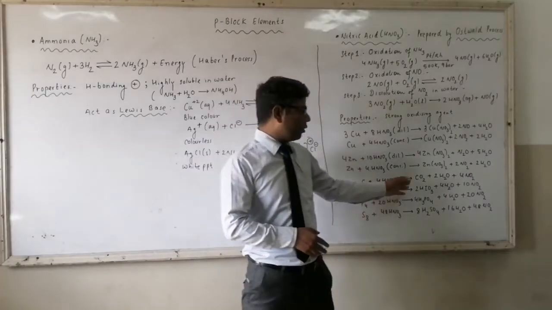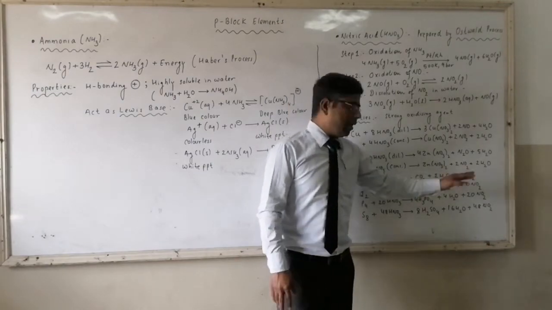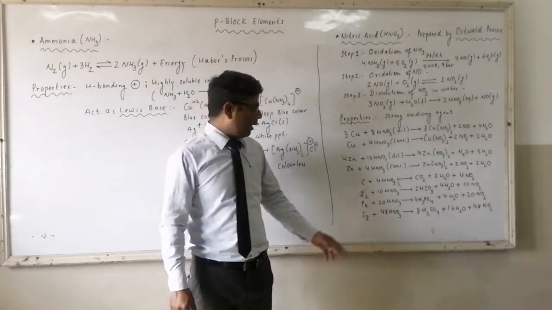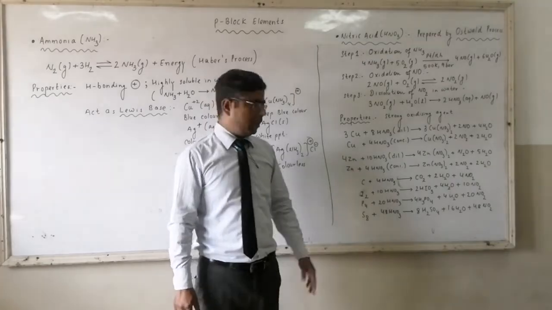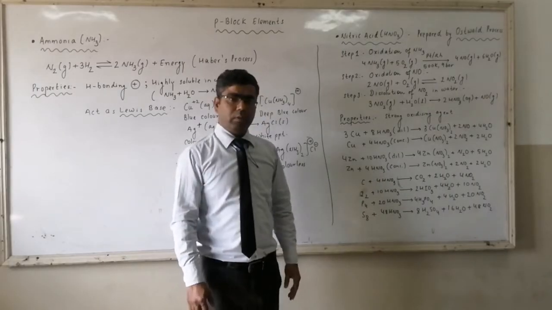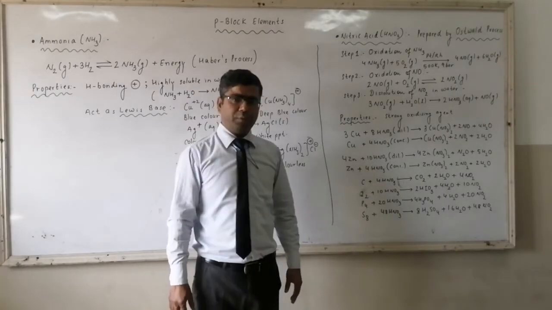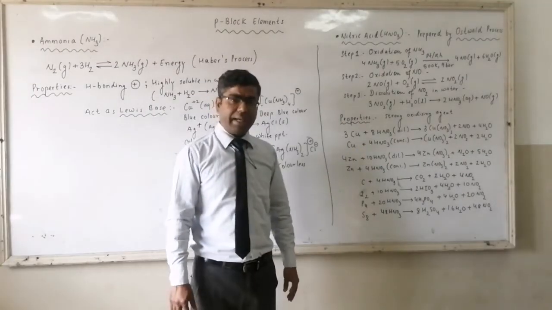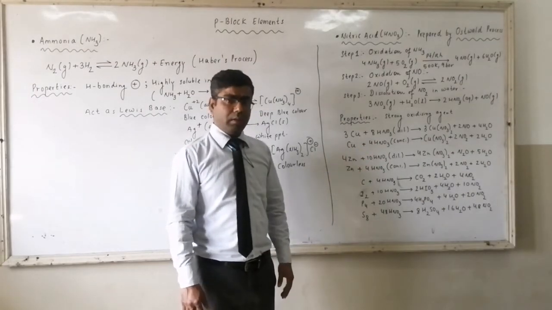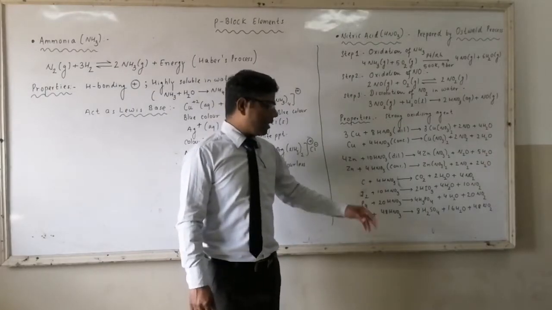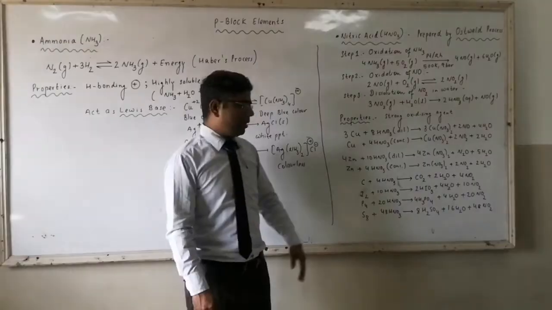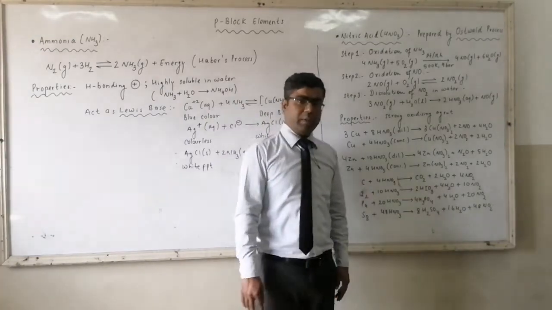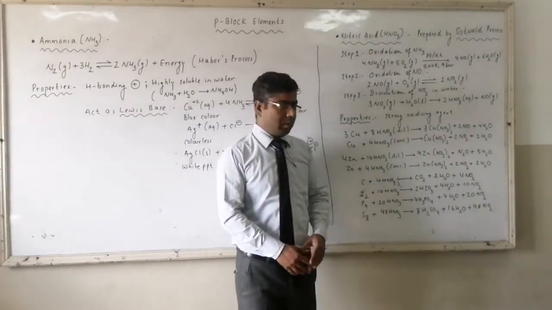So carbon gives you CO2 with H2O and NO2. Here the balancing moles for HNO3 are 4. By the help of this number, the stoichiometric coefficient, we can balance the product side. With I2 it is 10 HNO3 and iodine will be oxidized to HIO3, which is called iodic acid.